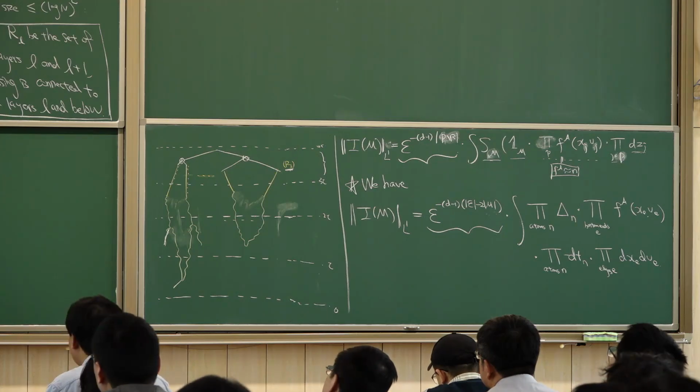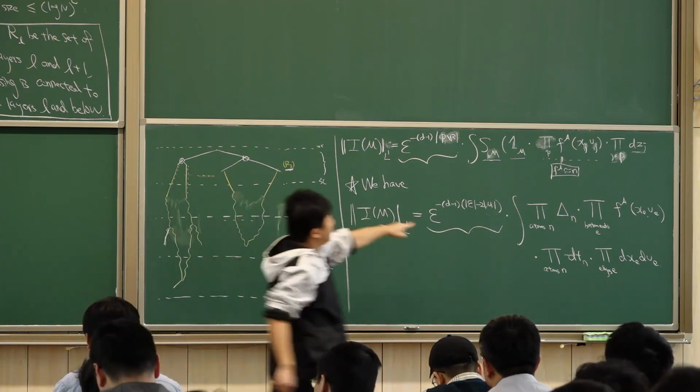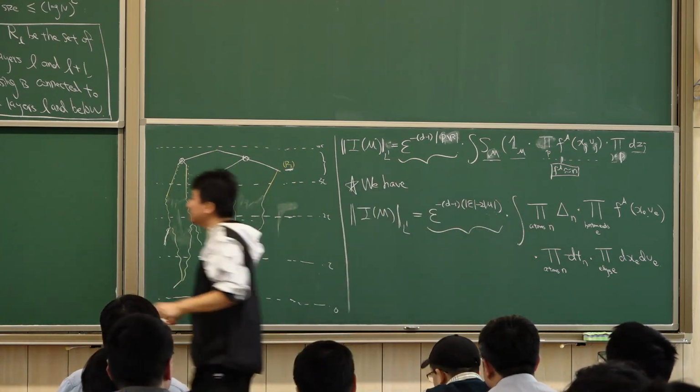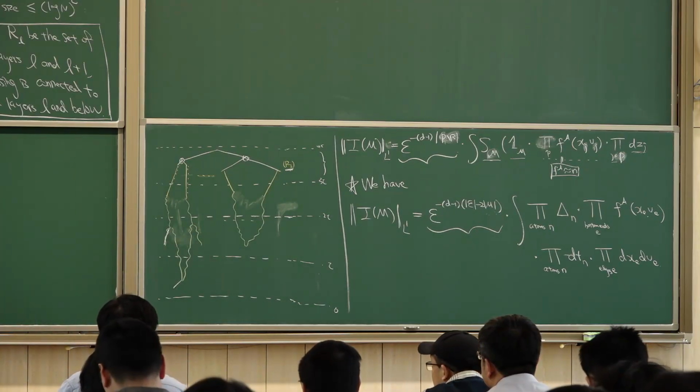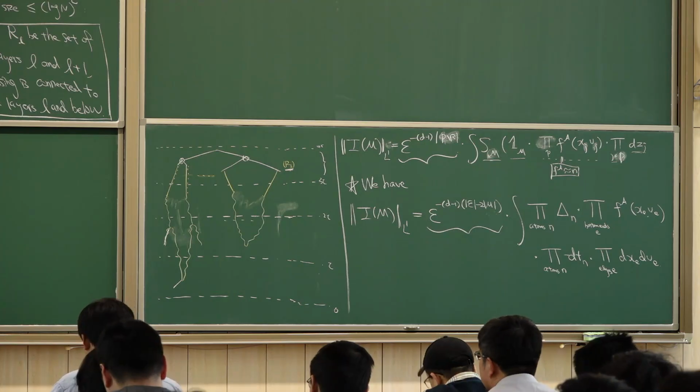And then what is this delta n? This delta n is, the exact formula is complicated, but I don't need to write it, but it's very intuitive.